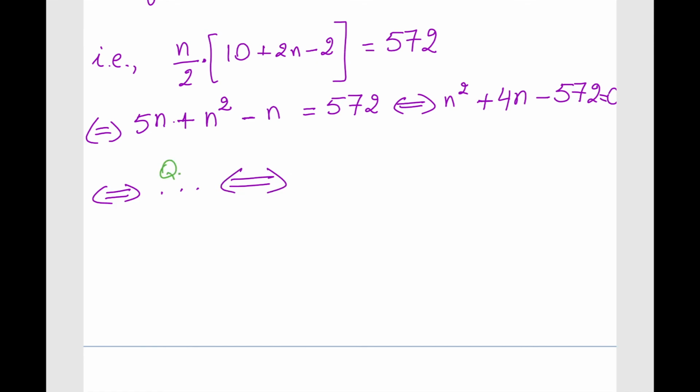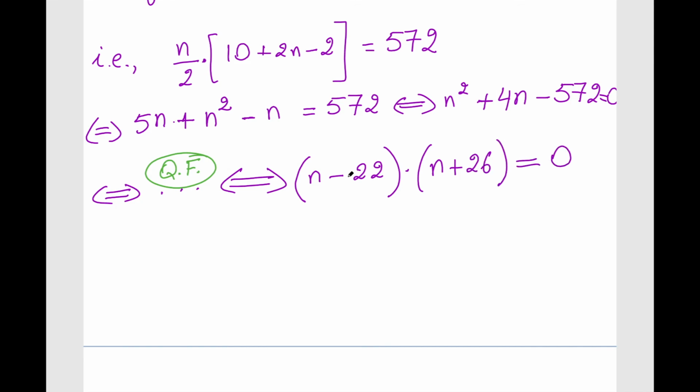And you should get (n minus 22) times (n plus 26) equals 0. So you factor it, and this is equivalent to saying that n is 22 or n is negative 26.